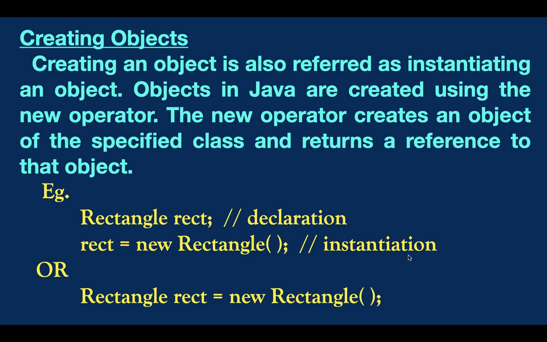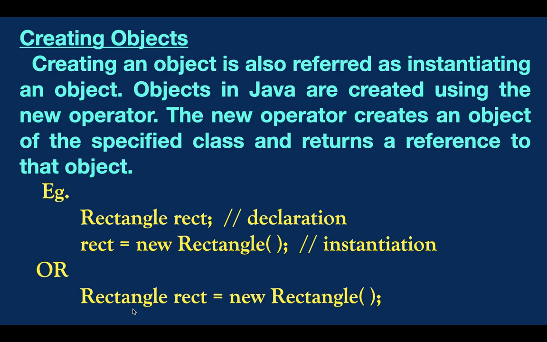This is the way we can create an object of a particular class. In this case the class is Rectangle, whereas rect is an object of class Rectangle. But normally, we club these two statements together. So a general statement would be Rectangle rect = new Rectangle(), and this is the common statement which we often use.